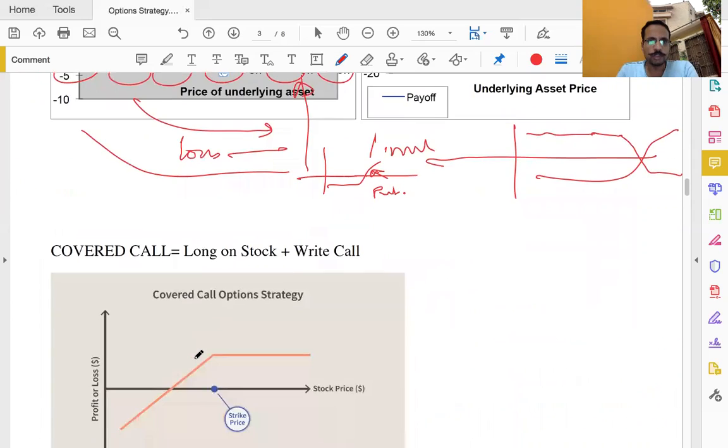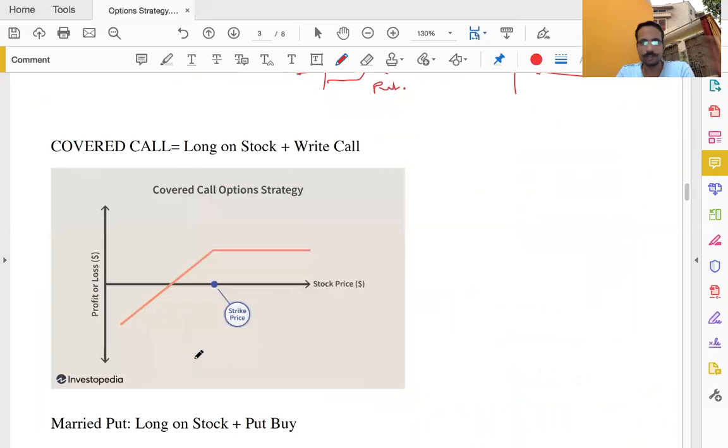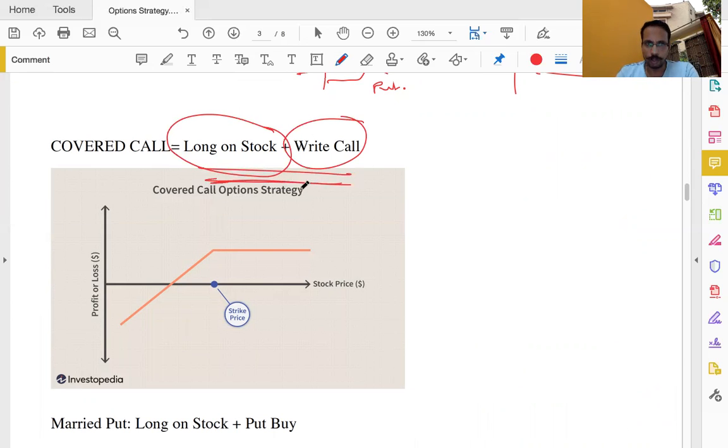Okay, so now let us see what we talked about, the covered call strategy. What is a covered call in case of writing a call? We discussed it. Why would somebody write a call? If you go long on a stock and then you also write a call, that becomes your covered call, right? Why covered call?